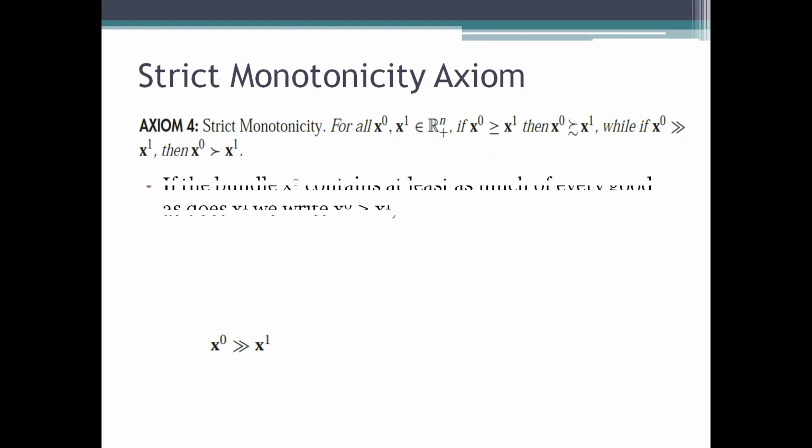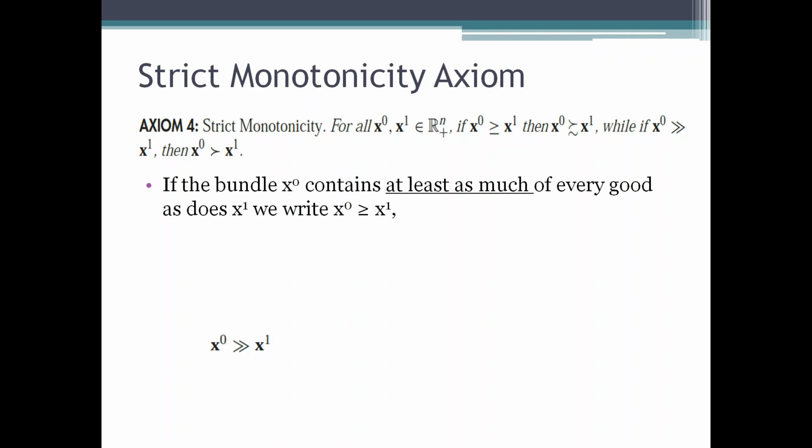What do we mean? Let's take the first part. If X node is at least as large as X1, then X node is at least as preferred as X1. This says that if the bundle X node contains at least as much of every good as does X1, we can say that definitely X node is weakly preferred, is at least as preferred as X1.